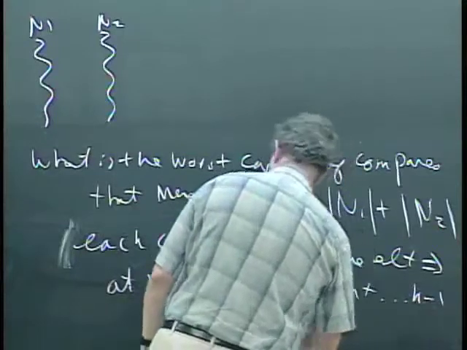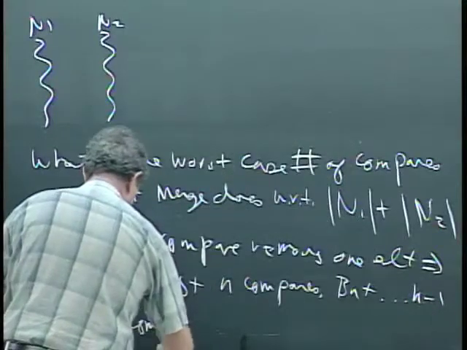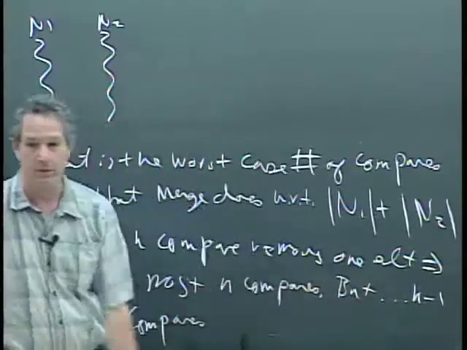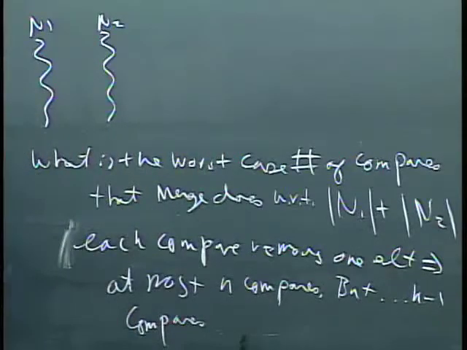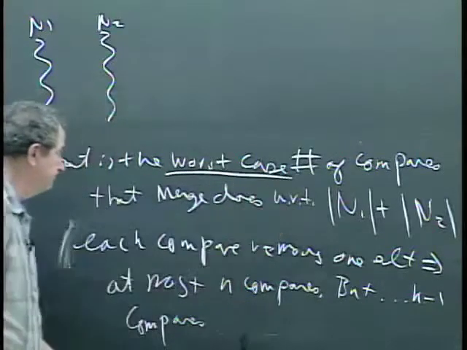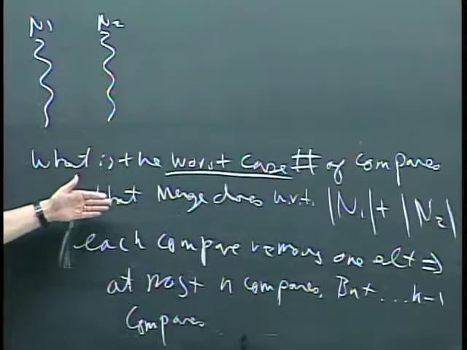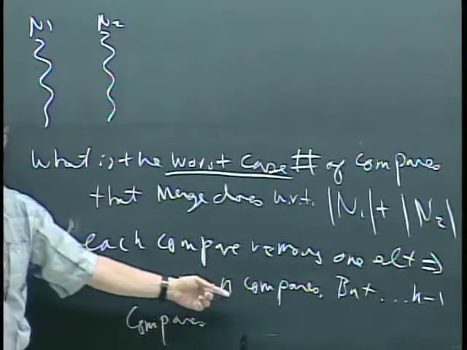N minus 1 compares. And I'm not going to write out all those little words that go there. Okay, so that's the worst case. Well, actually, that says that the worst case number of comparisons is at most n comparisons.